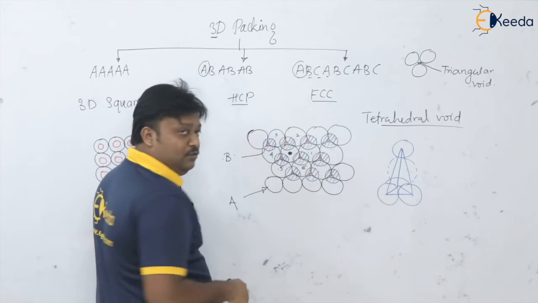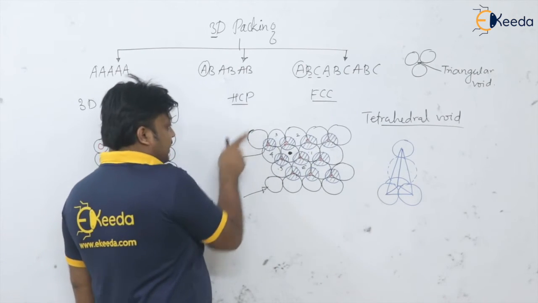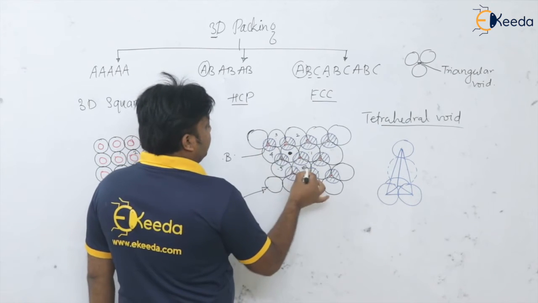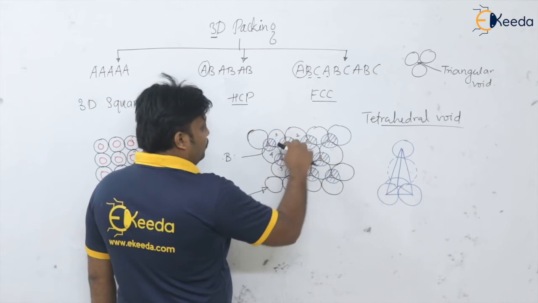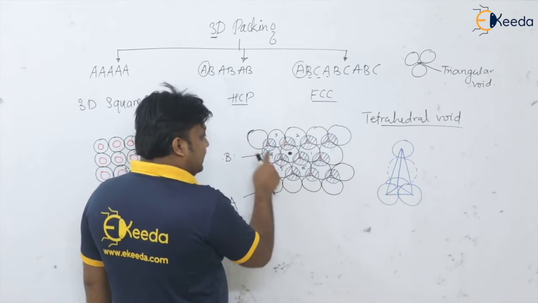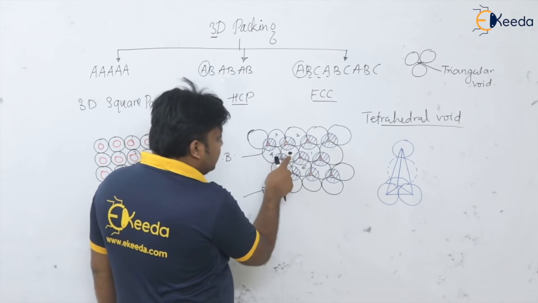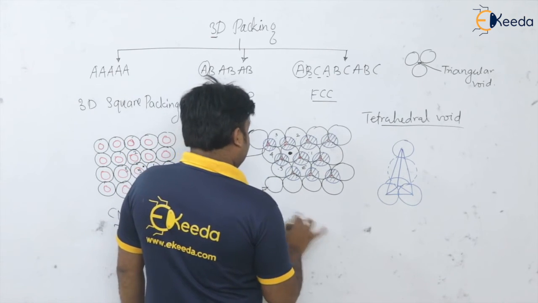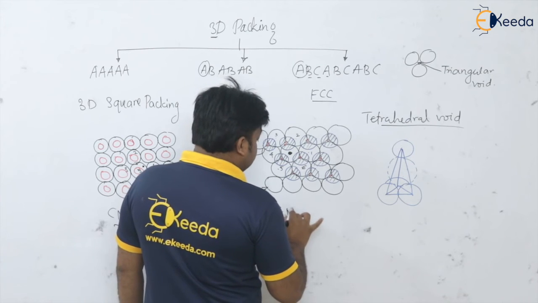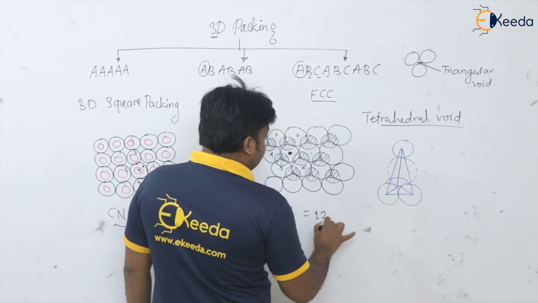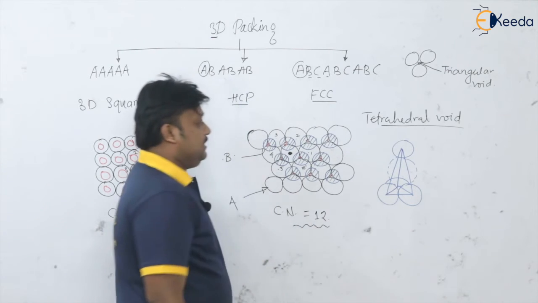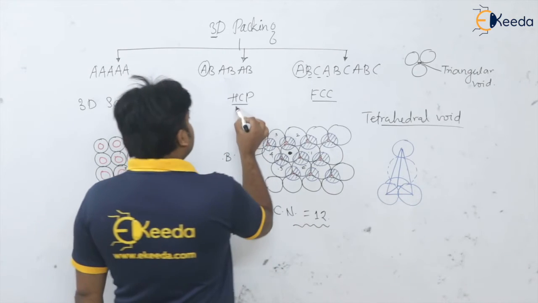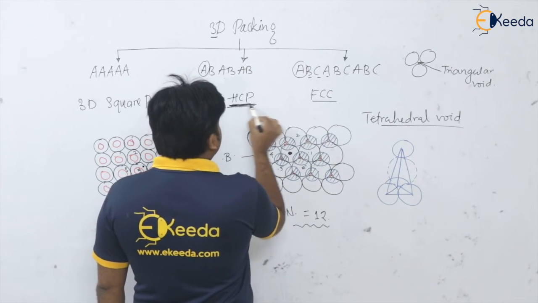And just behind A, which layer will be there? Again the B layer, isn't it? So these 3 make 6 and 3 more make 9, and just behind it also these 3, which are touching this atom. So in total 12 atoms. So the coordination number for this hexagonal close packed structure is 12. Please remember, the coordination number for HCP is 12.